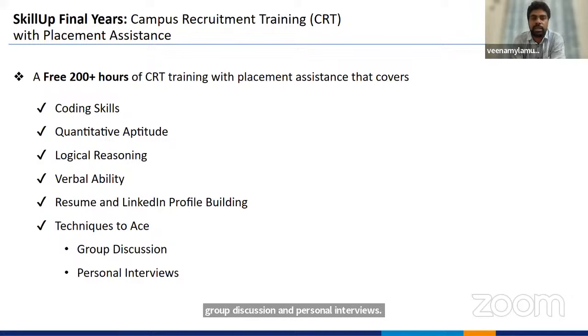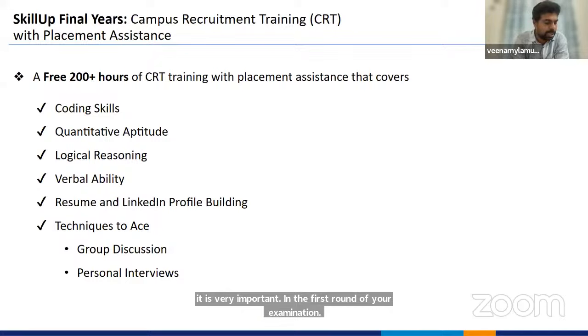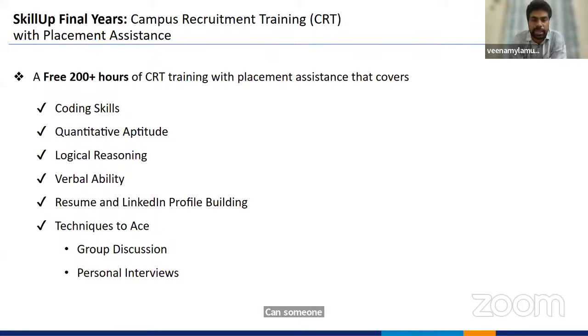In this, I'll be mostly dealing with aptitude and logical reasoning. Aptitude and logical reasoning are very important in the first round of your examination. Can someone tell why aptitude and reasoning is required? Like last time also I asked you.